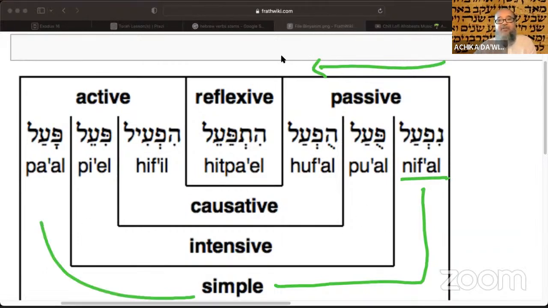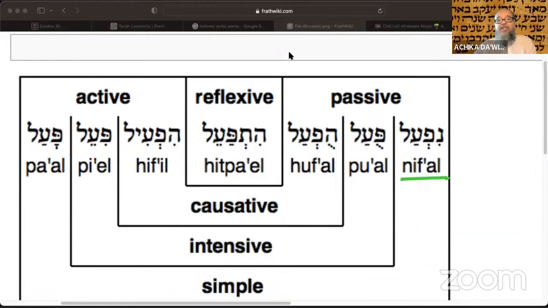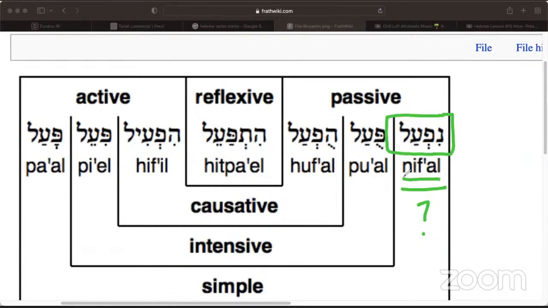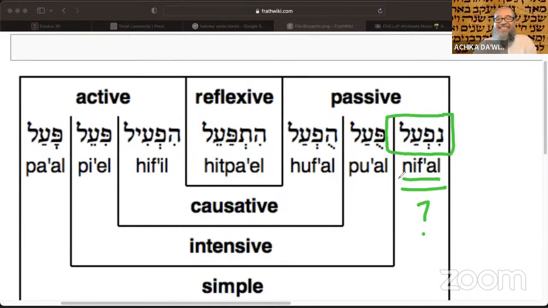I'm just going to start over here on the right. So why do they call it Nifal? Why are they calling it that? Because that's the sound of the letters. Yeah, exactly. That's why they're calling it that.